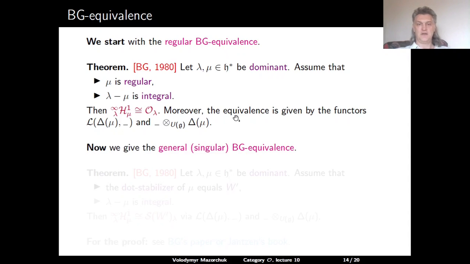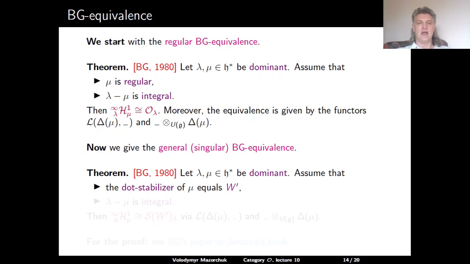So the singular BG equivalence then uses the notion of a subcategory in O. So let lambda and mu be two dominant weights. Assume that mu is no longer regular, but in general has dot stabilizer W prime, and we still assume that lambda minus mu is an integral weight.